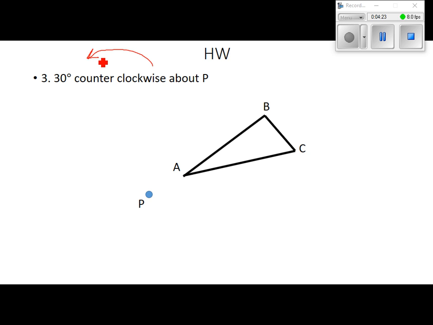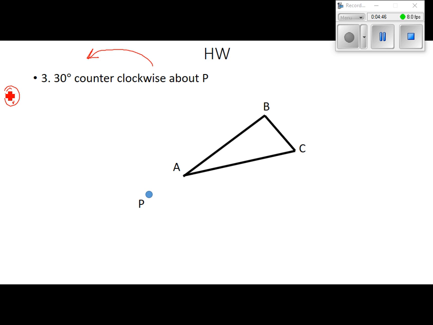30 degrees. When we go to do a problem like this on the test, and the test will be probably early next week, I'm not going to expect that you can be exact. There's going to be 3 things I'm going to look for when you're doing a problem like this. One, what do you think I'm going to look for?